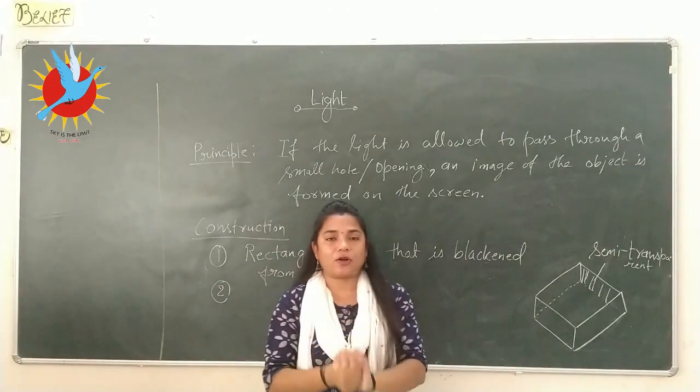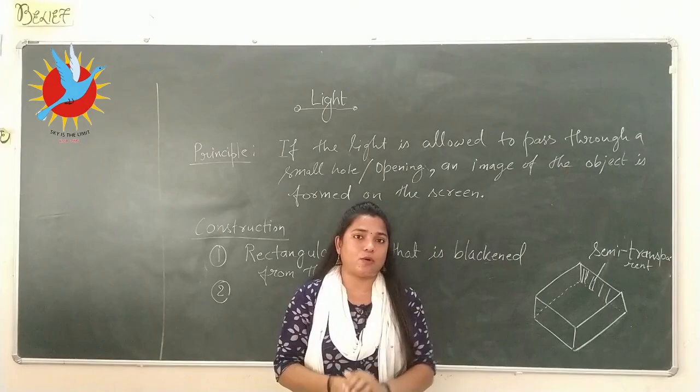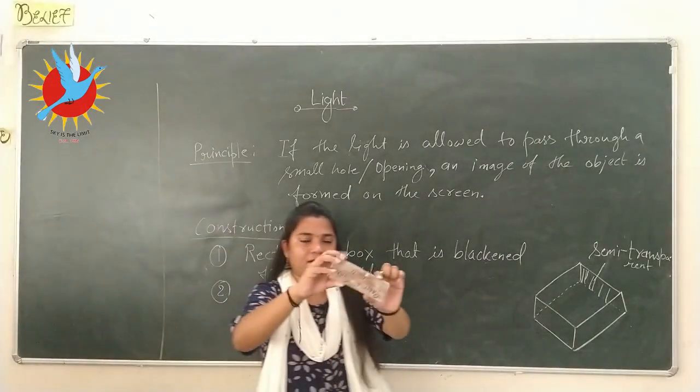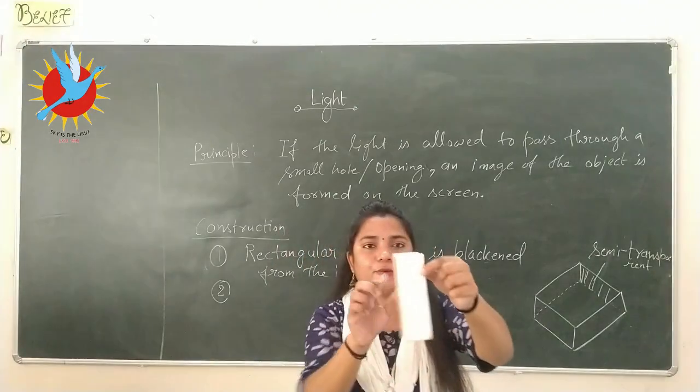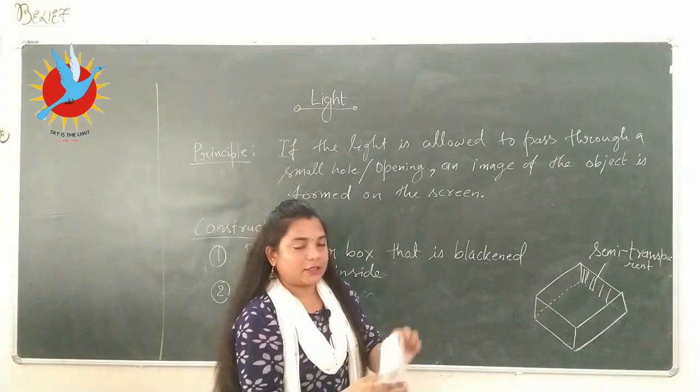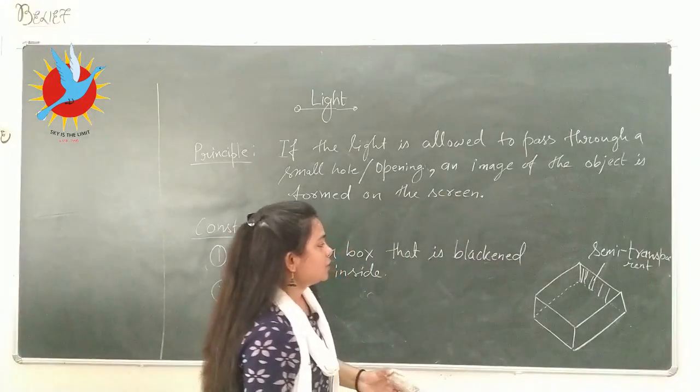And what are the opaque objects? Which do not allow any amount of light to pass through them, such as this duster. You cannot see through it. So this is an opaque object.